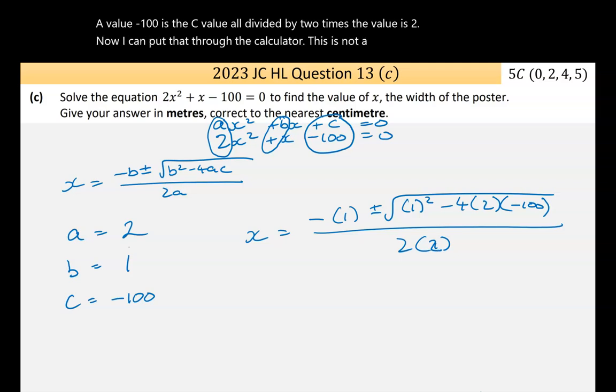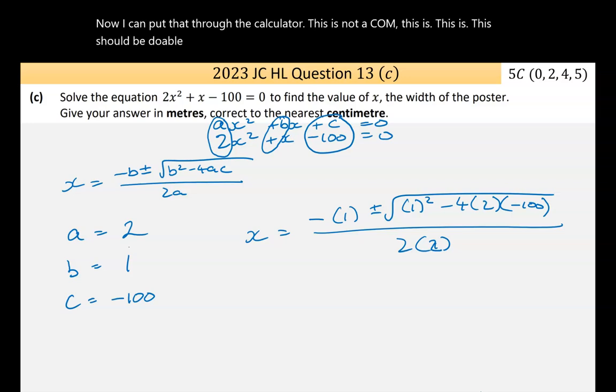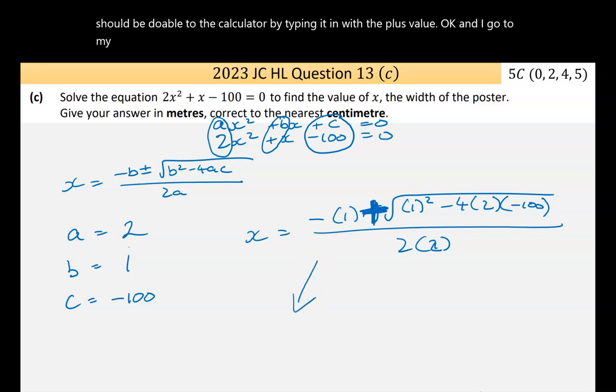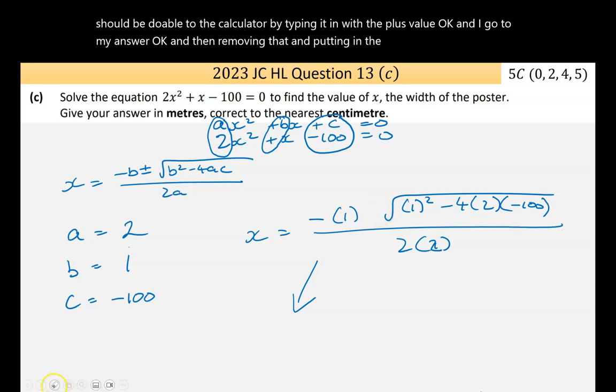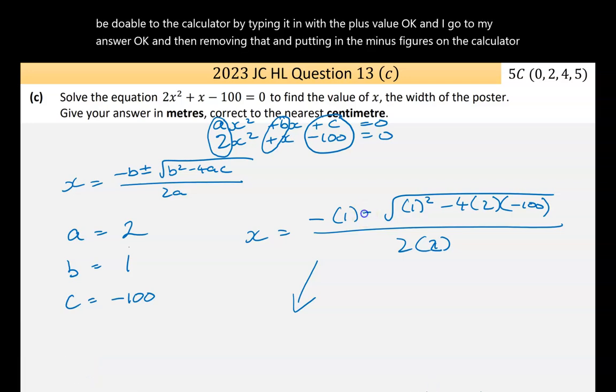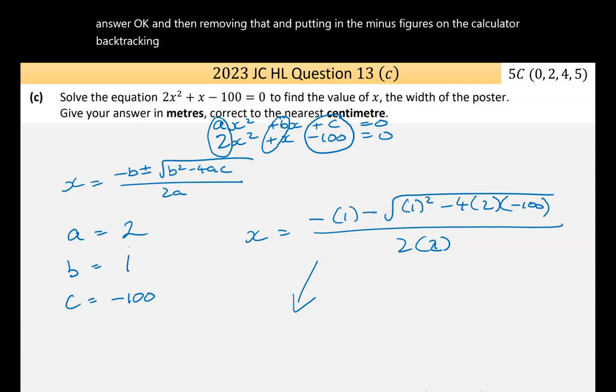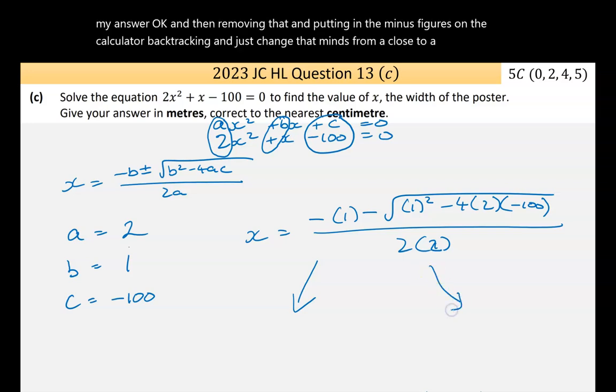This should be doable through the calculator by typing it in with the plus value, and I go to my answer, and then removing that and putting in the minus figures on the calculator, backtracking, and just change that from a plus to a minus, and I'll end up with my second answer.